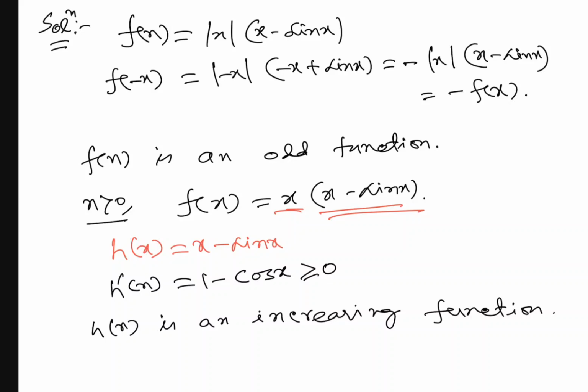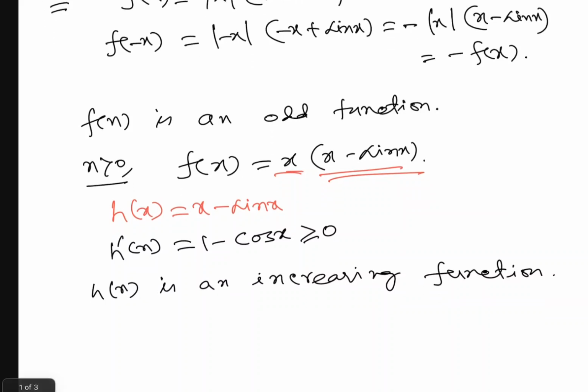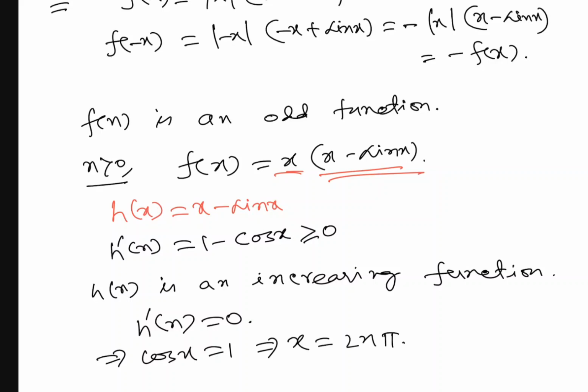So we have to first clarify whether h(x) will be strictly increasing or not. As we can see, h'(x) will be 0 when cos x equals 1, that is when x equals 2nπ. Except these points 2nπ, h'(x) is always positive.